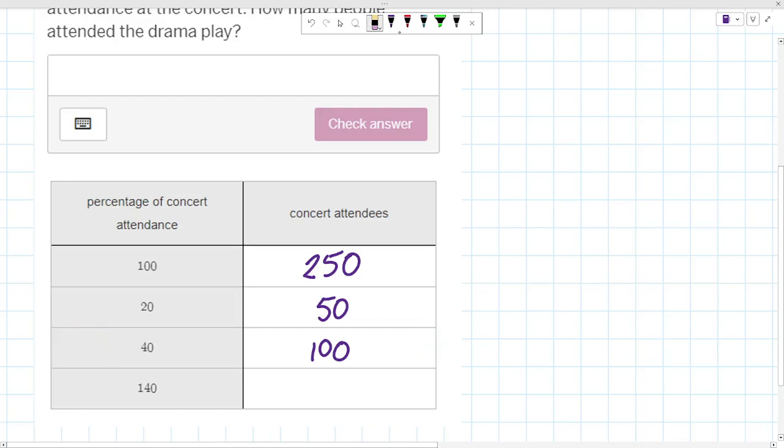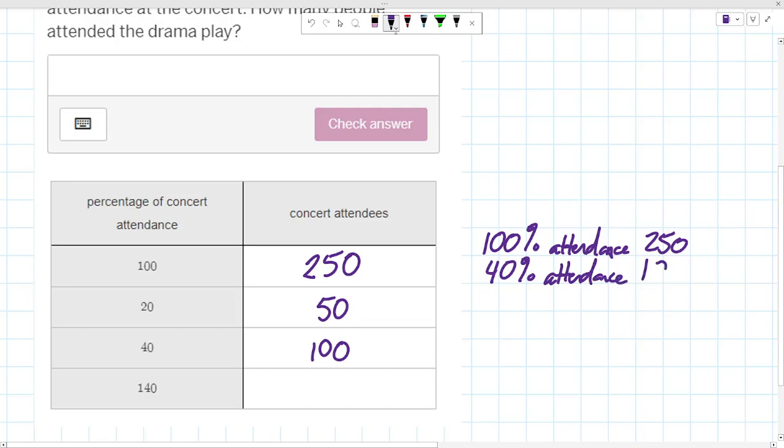So if 100% of attendance is 250, 40% of attendance is 100 people.